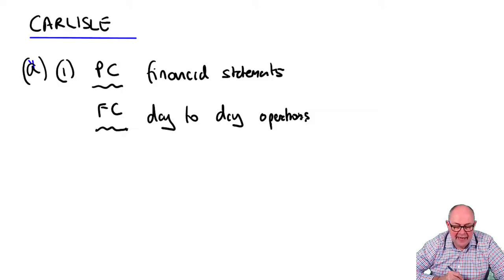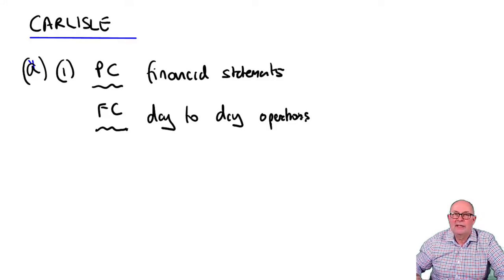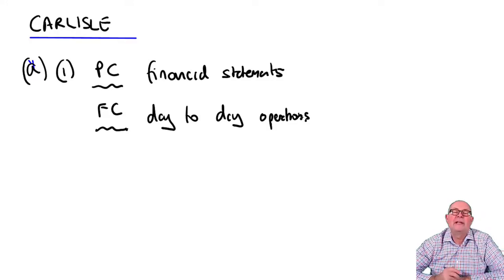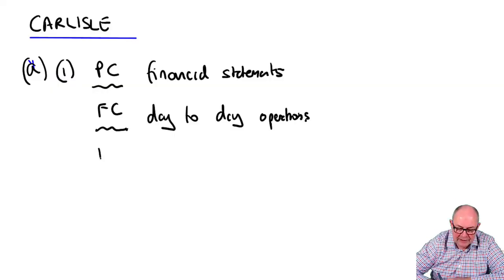The second part of A1 then says, what do you think the functional currency of Bakelite is? And various information is given about sales and purchases in different currencies. When you've read it through, you notice that the word that seems to appear most often is the dinar. And that probably suggests that the dinar is the functional currency.